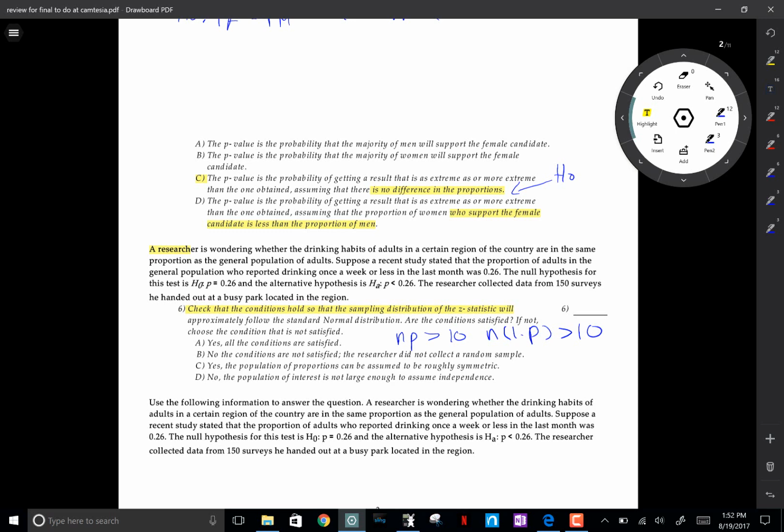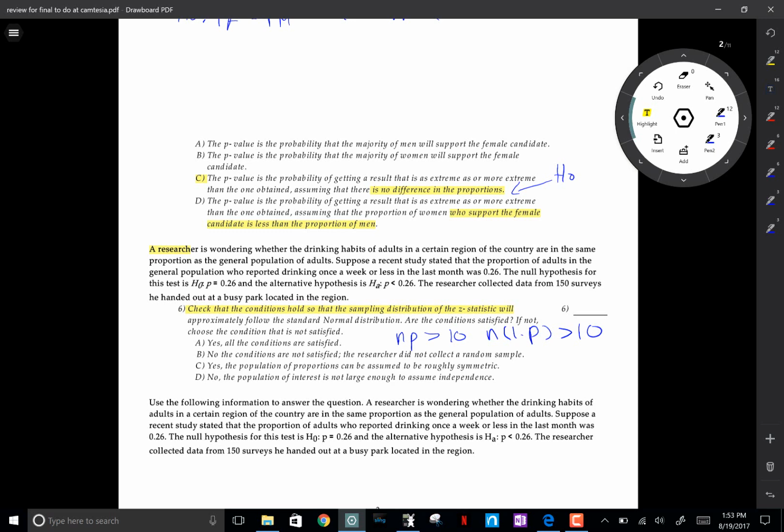Suppose a recent study stated that the proportion of adults in the general population who reported drinking once a week or less in the last month was 0.26. The null hypothesis for this test is that H0: p is equal to 0.26, and the alternative is that Ha: p is less than 0.26. The researcher collected data from 150 surveys he handed out in a busy park located in the region.